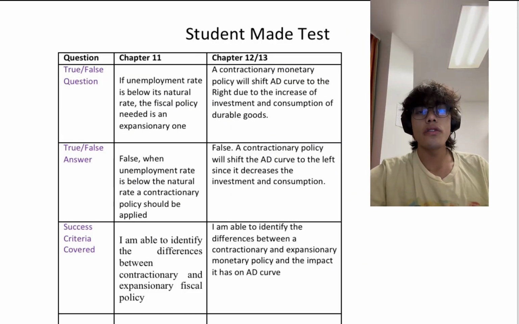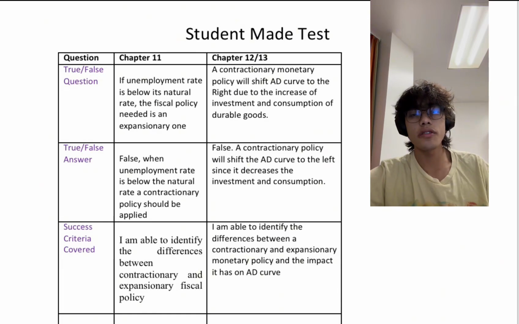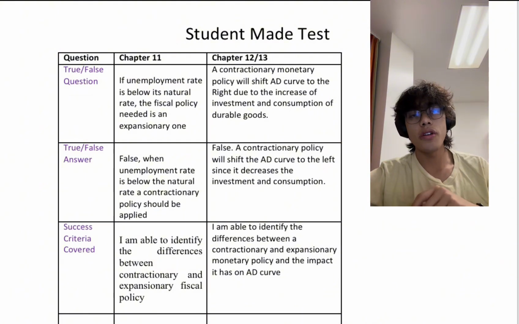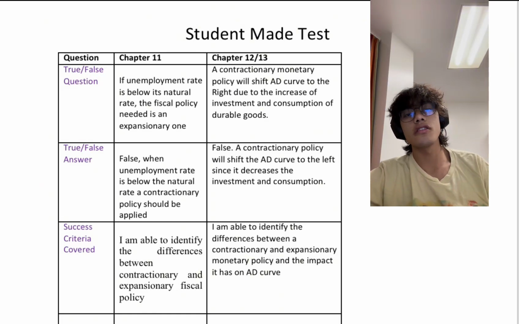Okay, for the other three questions, the true or false question is from chapter 13, monetary policy. The question is: a contractionary monetary policy will shift the AD curve to the right due to the increase of investment and consumption of durable goods.